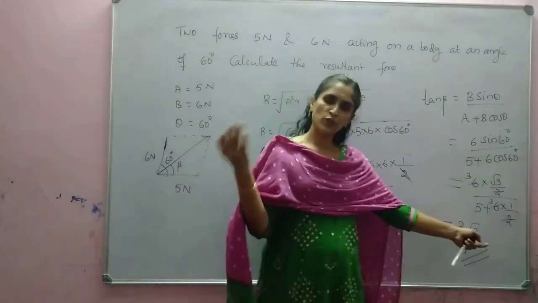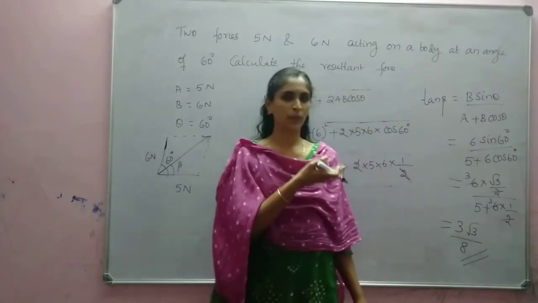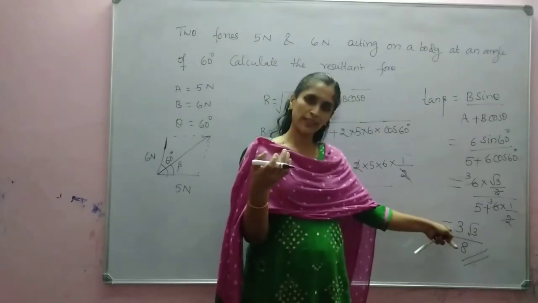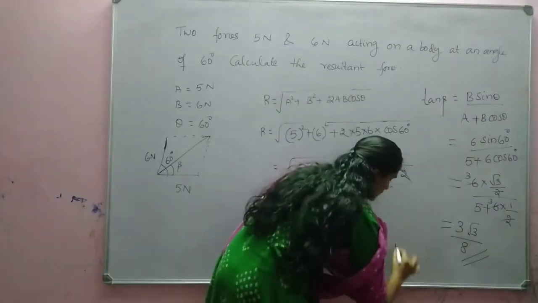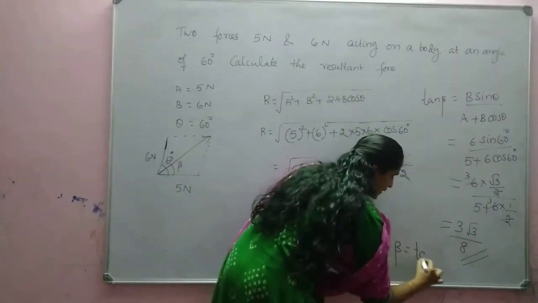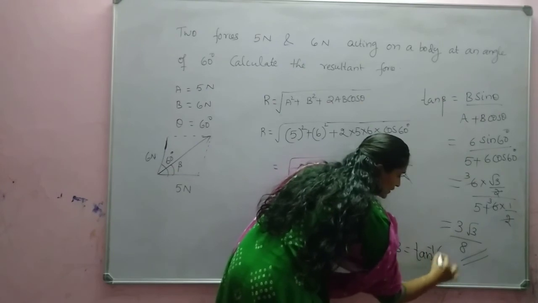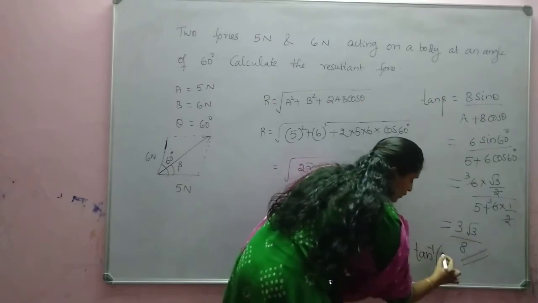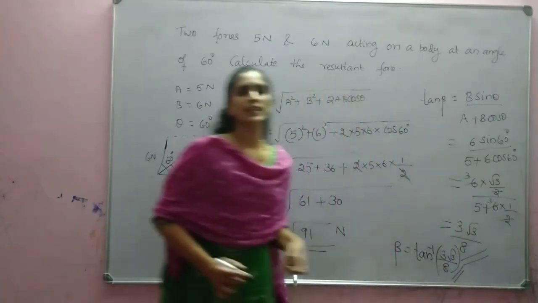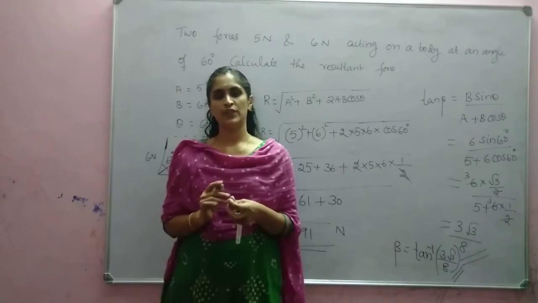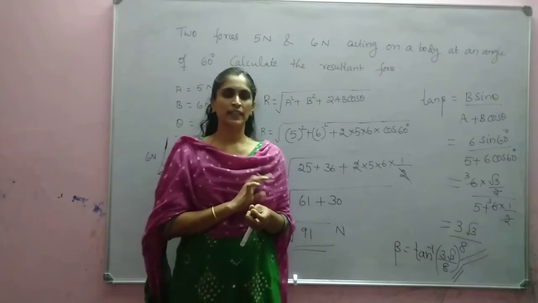You can substitute the value of root 3, 1.73, and multiply by 3 and divide by 8. Then the last step is to write beta is equal to tan inverse of this value. I am not doing any calculation here, so I am writing it as tan inverse 3 root 3 by 8. Is it clear?